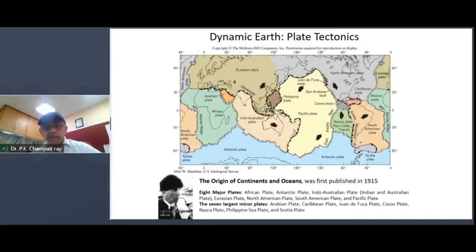People did not believe him when he said this Earth consists of a number of plates. It took almost 50 to 60 years scientifically to prove that yes, planet Earth consists of a number of plates. It was only in the 1960s that the theory of plate tectonics was accepted. So you can imagine that it's not a very old theory.